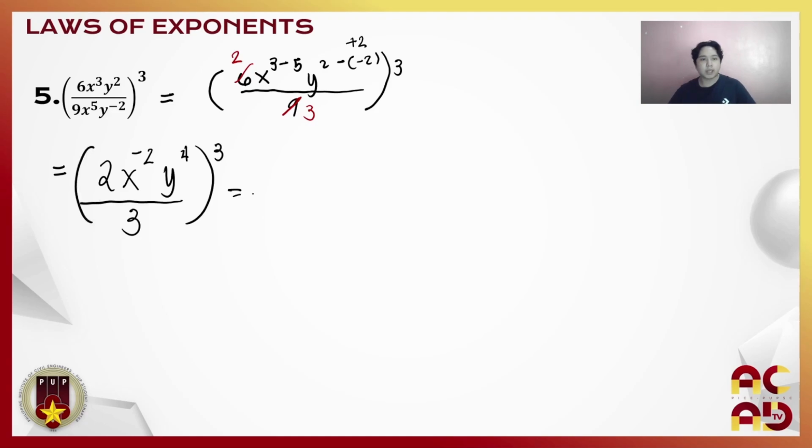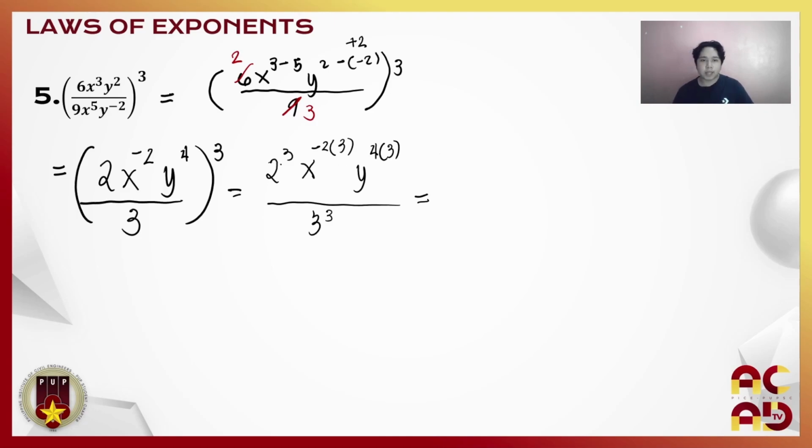Cube. Okay. So dito, pwede nating i-distribute na yung cube sa numerator and denominator. So magiging ano siya, 2 cube, then x, negative 2, times natin sa 3, then y, raised to 4, times natin sa 3, over 3 raised to 3 or 3 cube.